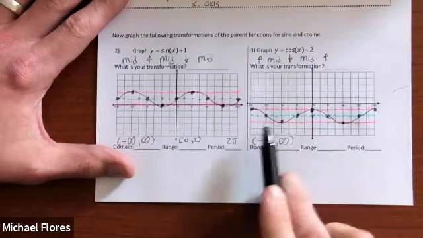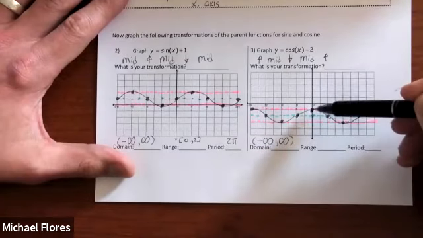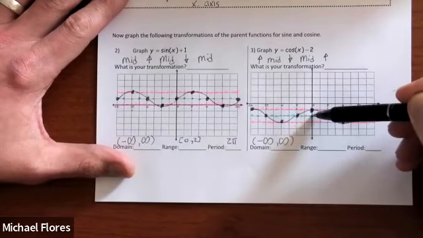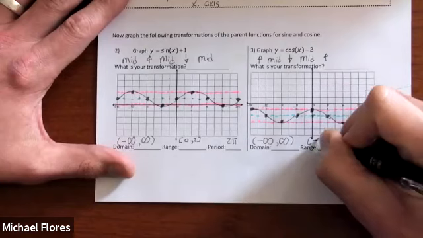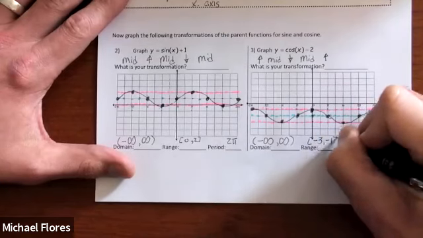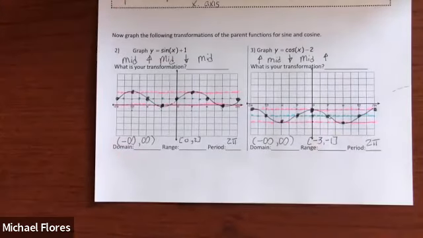Range, let's take a look at where these pink bumpers are going through on the y-axis. Looks like we go through -1 and -3. We want to start with the lowest first: -3, -1. It's going to take 2 pi to complete the cycle.